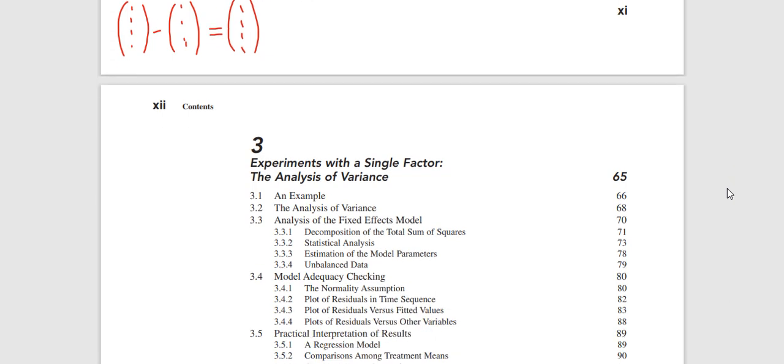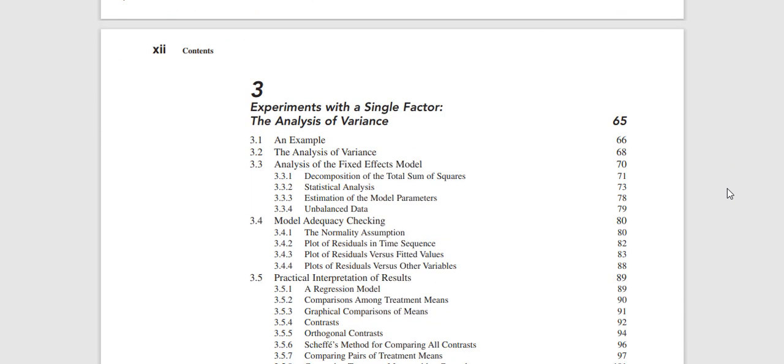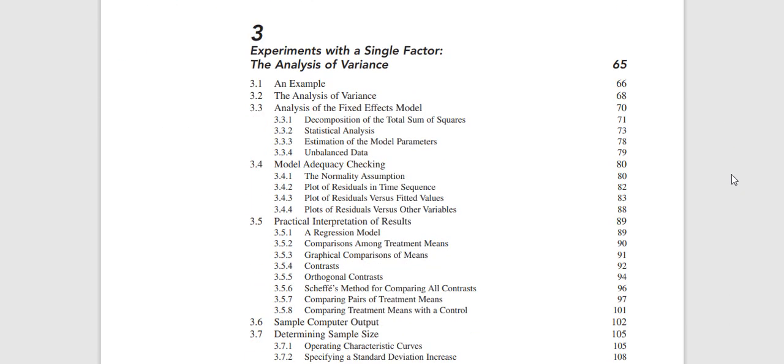So for chapter 3, we are talking about one single factor. What the factor means is, let's compare many groups.